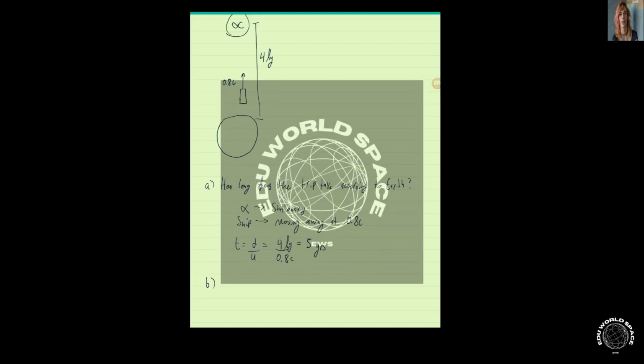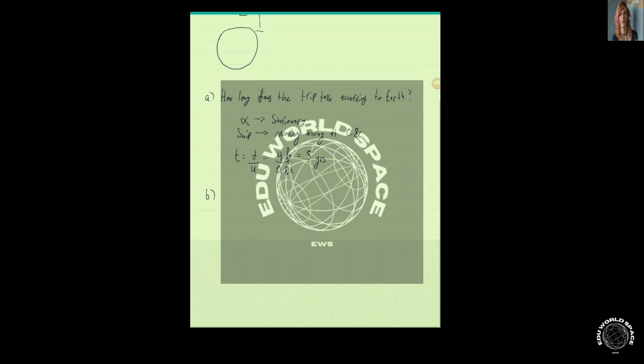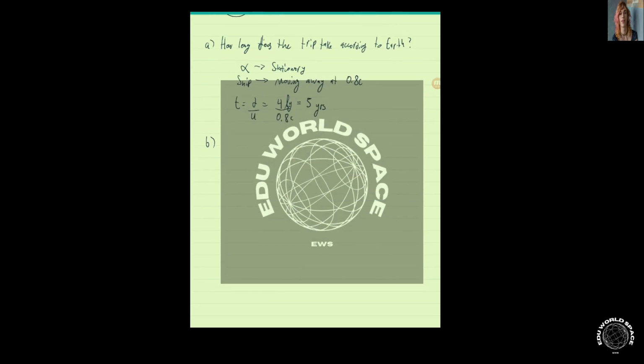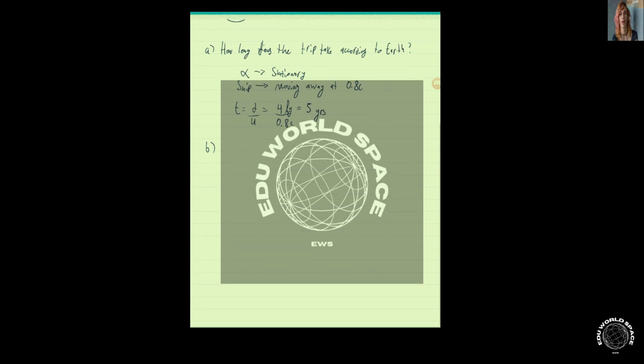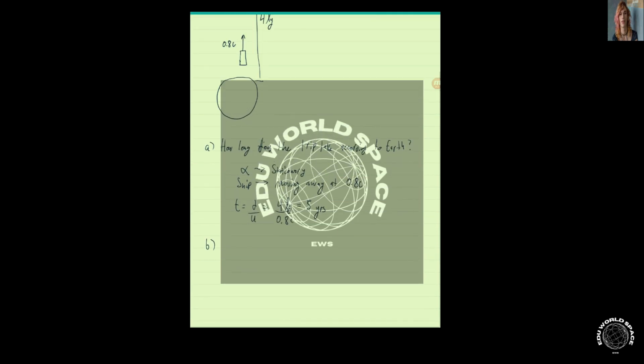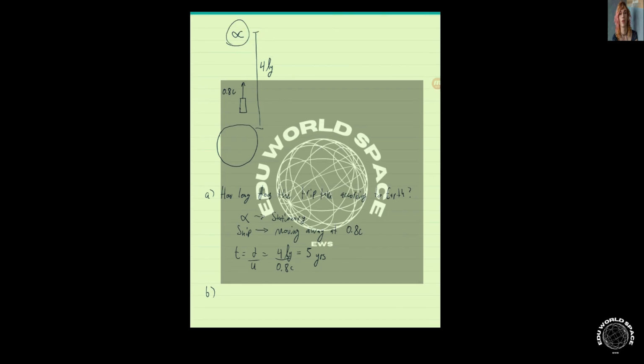How long is it going to take according to the astronaut? So, what we can do is consider that from the astronaut's reference frame, the ship is stationary, and Alpha Centauri is moving, as is Earth.